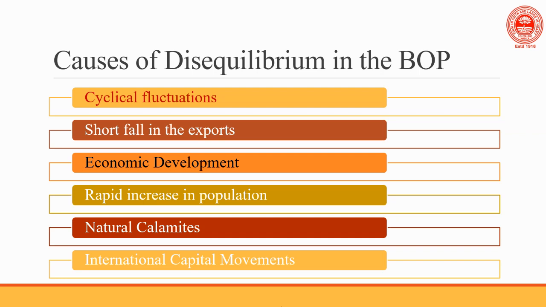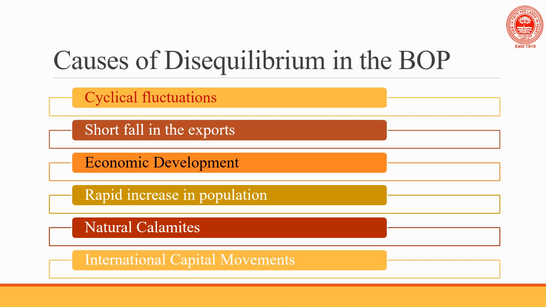Another reason for disequilibrium could be natural calamities, as either it would lead to requirement of more imports, or in case there is a natural calamity in any foreign country, maybe India will have to export more of a particular product, which might lead to disequilibrium in the balance of payments.